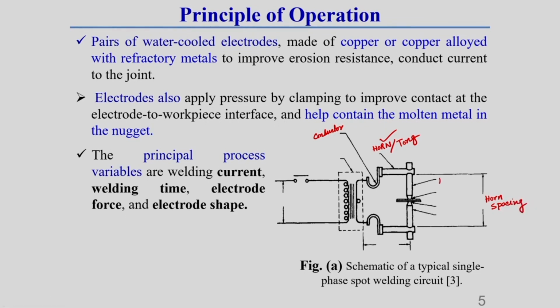This is called the electrode, which I have already told you. This is called the workpiece, actually two workpieces, which are brought into contact together by this electrode. Now this is called the transformer, because resistance spot welding is generally done using a transformer type of machine.